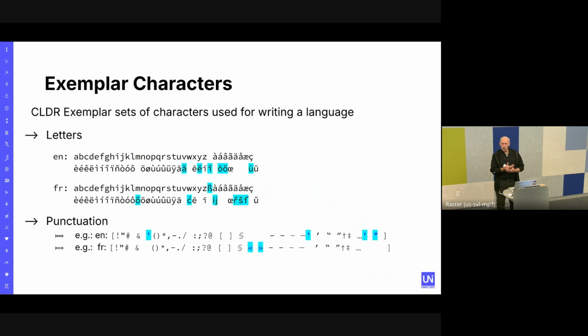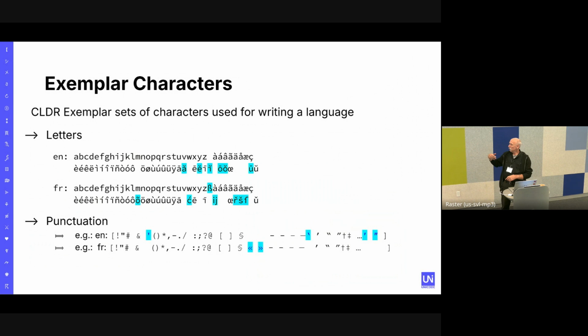And to get more strict, in Unicode, in CLDR, every single language has a set of what are called exemplar characters. These are characters that are used commonly to represent words in that language. It's a little bit different between each language. So here's an example of English and French, with the differences between the two highlighted in blue.